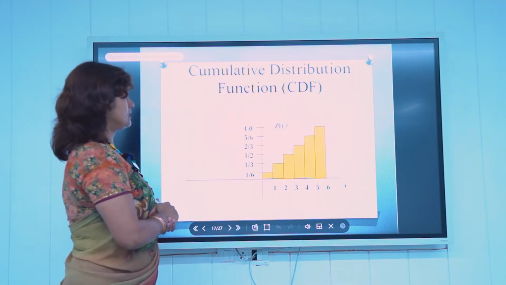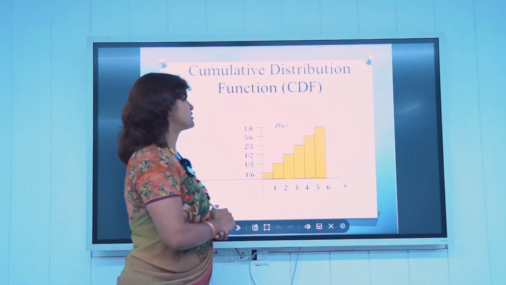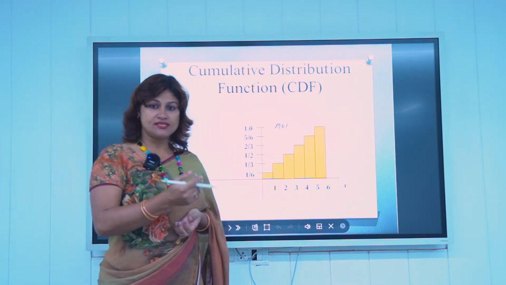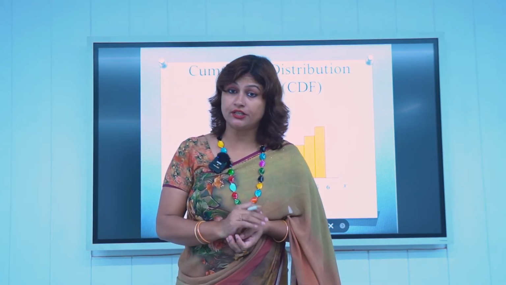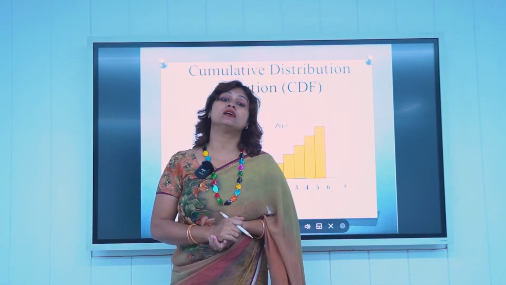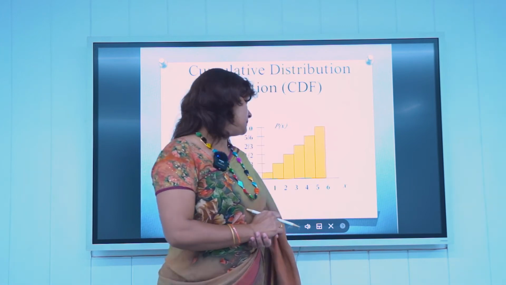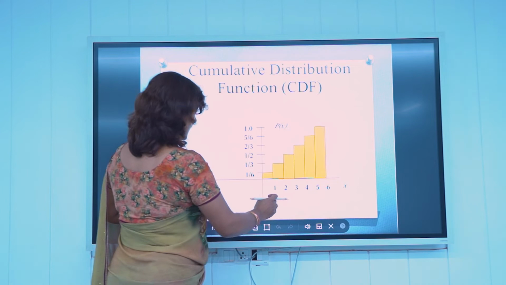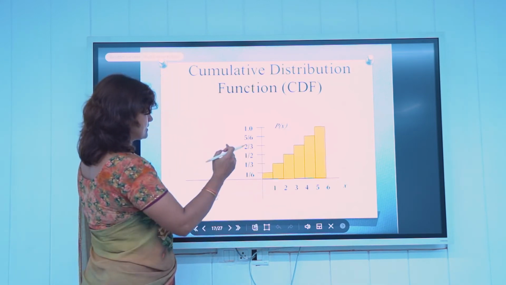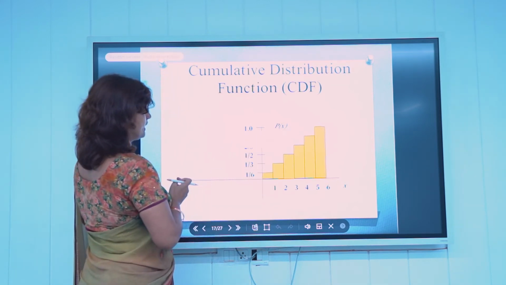Next case is the cumulative distribution function. We have seen in statistics as well how cumulative frequencies are calculated. These are taken up back to back, and I show you in this example how these have been calculated.